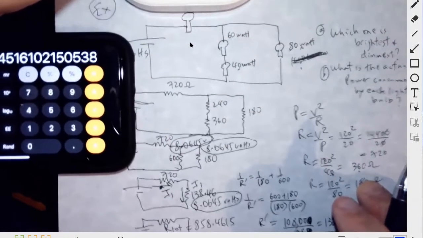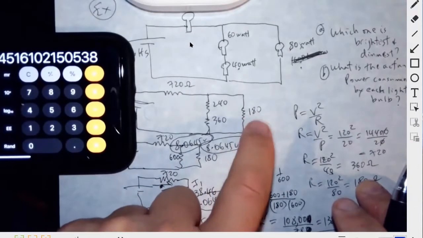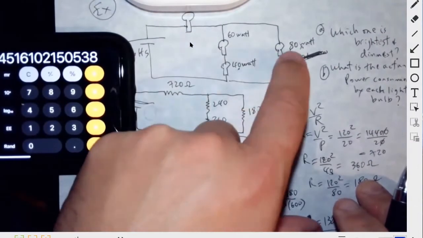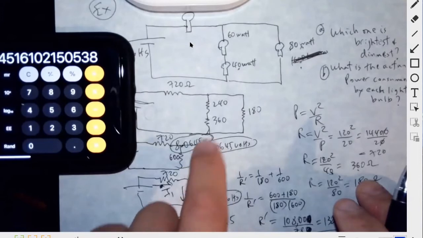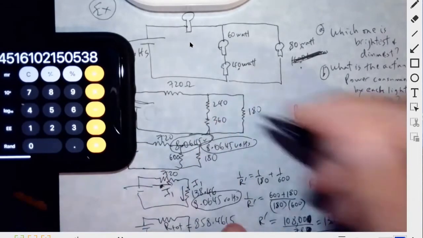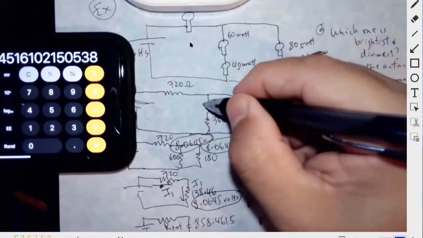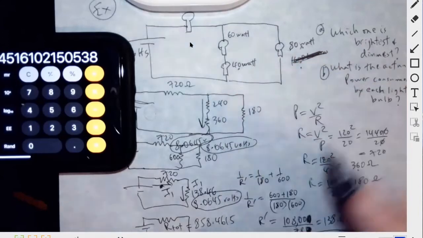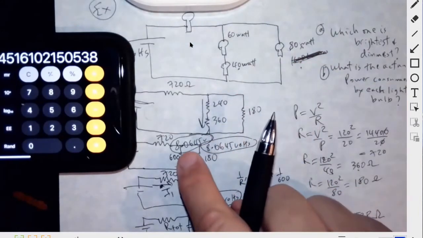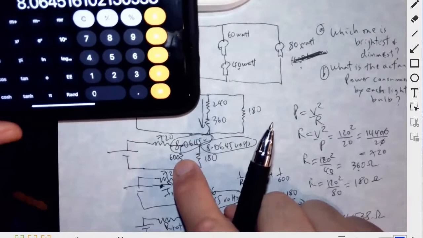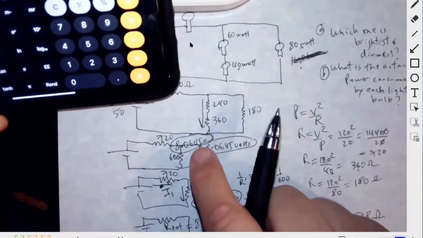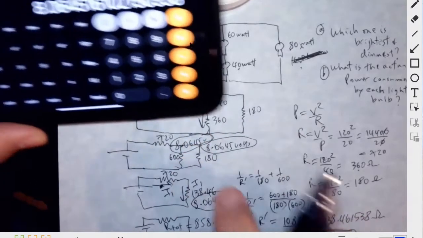Okay, so then I go back. I already know the voltage of that, which is the voltage of that. So then I'm going to calculate the current going through here. I'm going to say the voltage divided by 600.